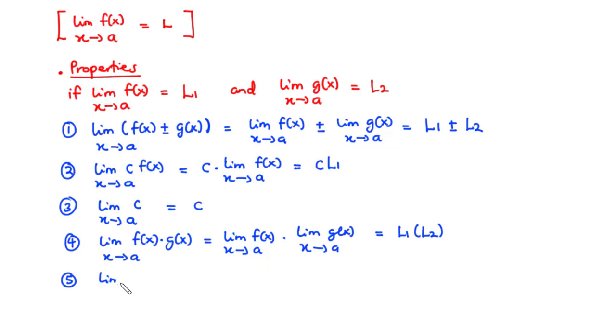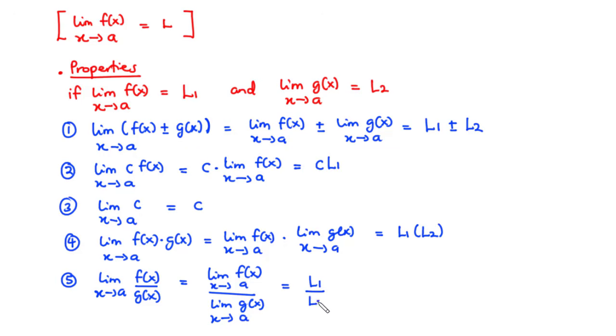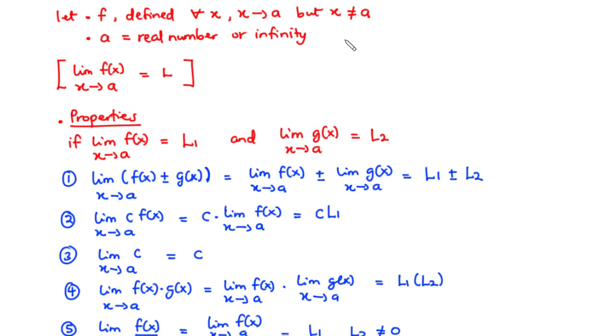5. The limit of f of x divided by g of x as x approaches a is equal to, now we can have the numerator to be the limit of f of x as x approaches a divided by the limit of g of x as x approaches a, and that is equal to L1 divided by L2, where the value of L2 is not equal to 0. 6.